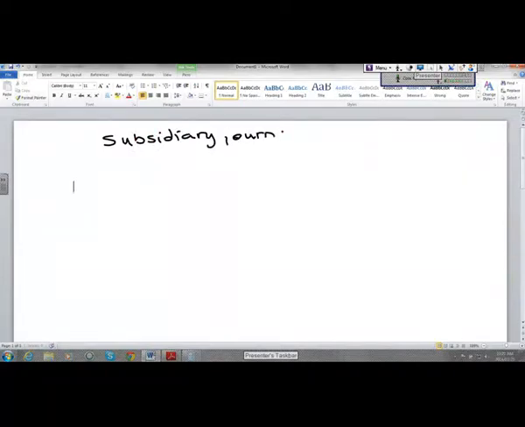With subsidiary journals, we have four categories. What I do is I break them into four categories to make it easier for you to understand. The first category of our transaction is that we're dealing with transactions involving cash.